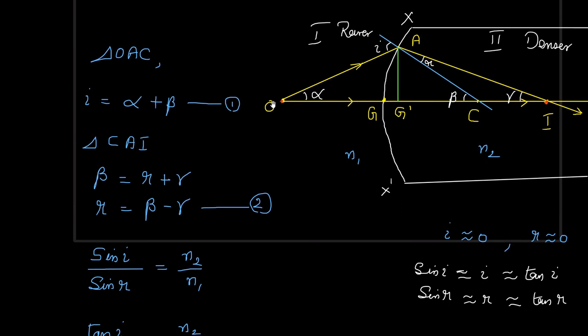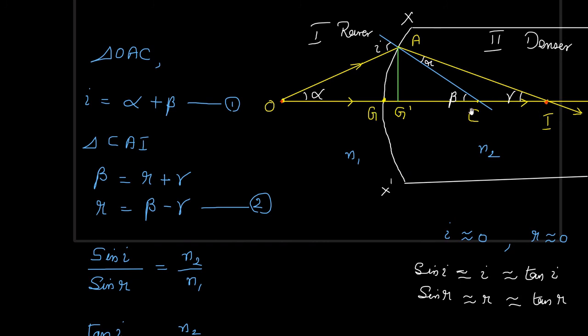GO is the object distance which is measured towards the left of the optic center. So that is negative u, object distance u, minus u. GO is minus u. GI is the image distance towards the positive x direction, so GI is plus v.